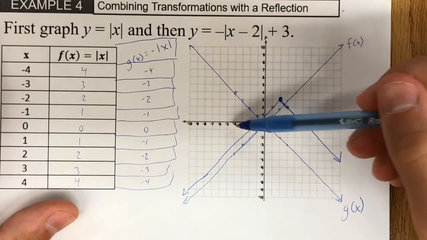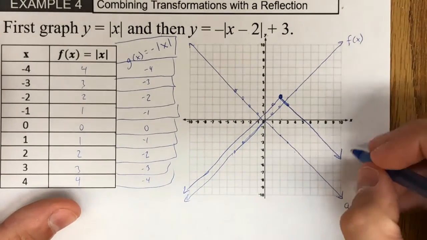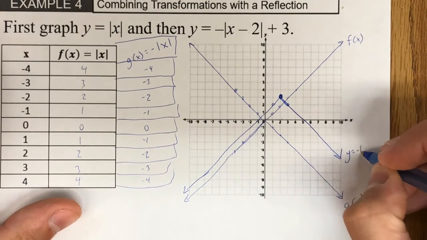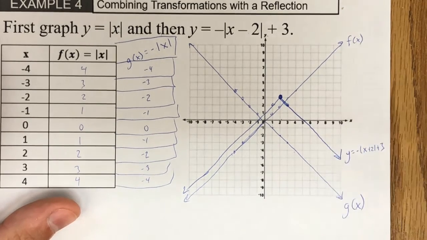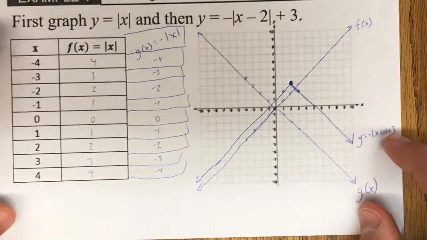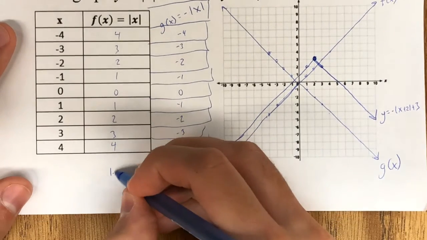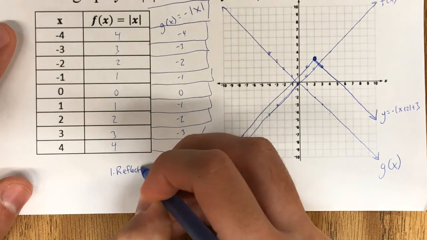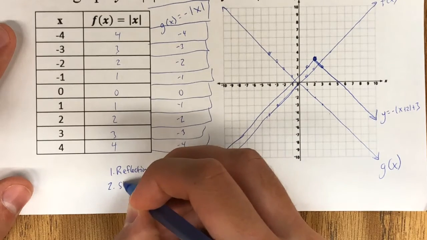Okay. And that'll be our y equals negative absolute value of x minus 2, plus 3. So the rule here is first you do reflections, then you do shifts.